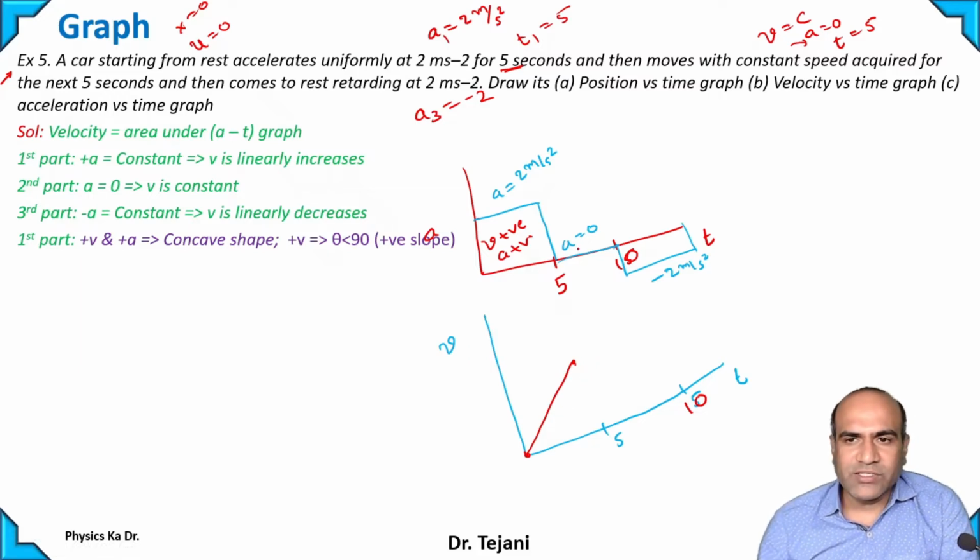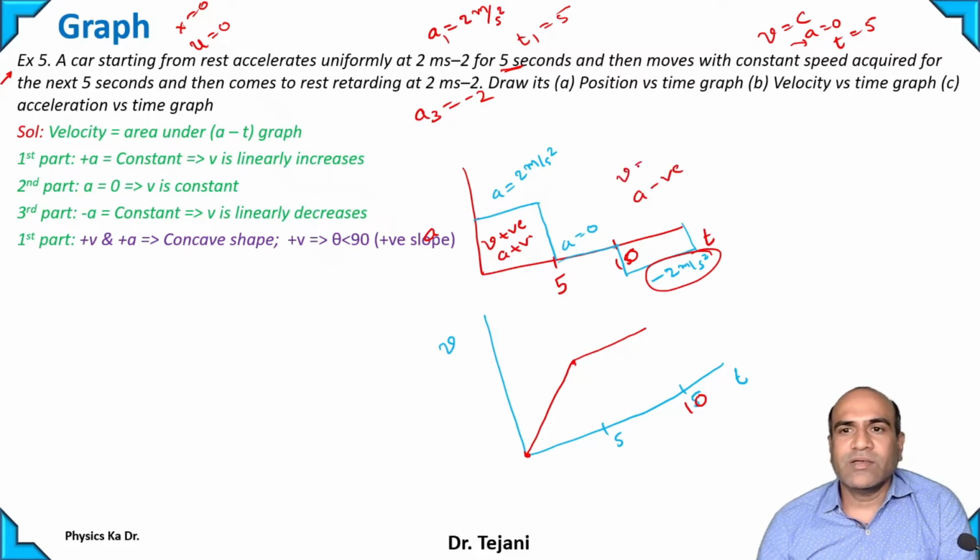Then acceleration is 0, so velocity should be constant. And then acceleration is negative, velocity is positive, which means there is a decrease in the velocity.